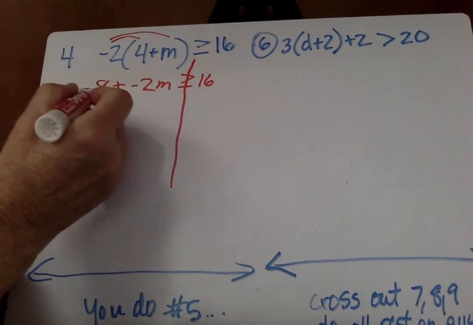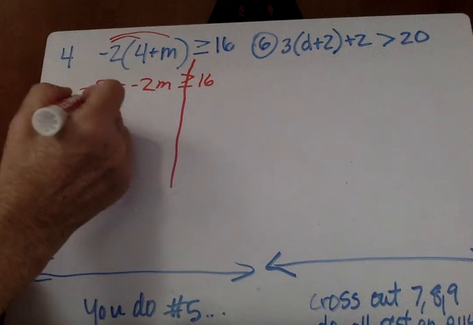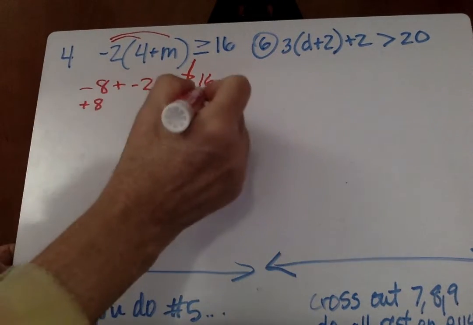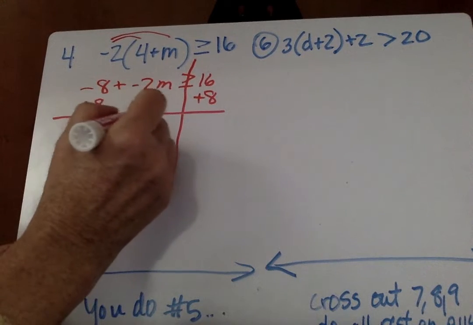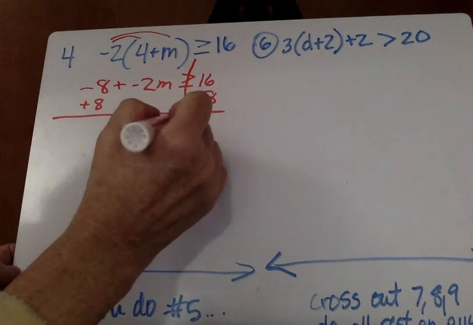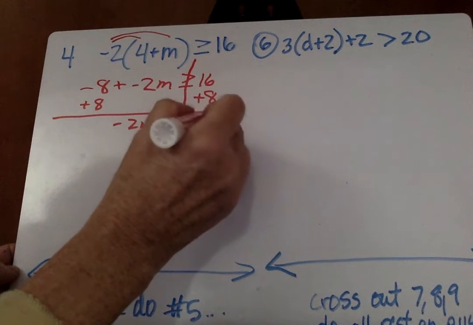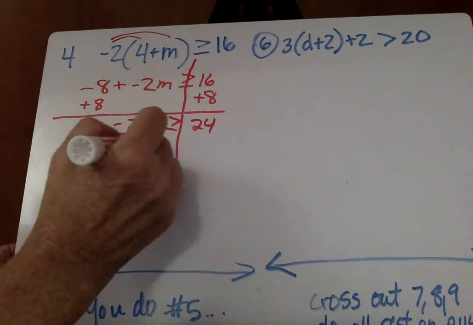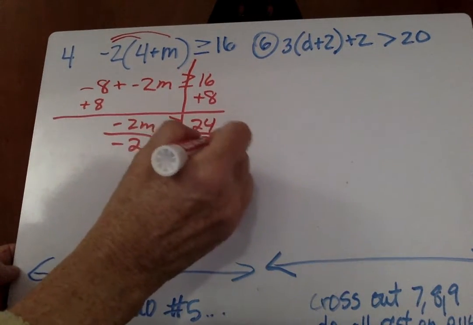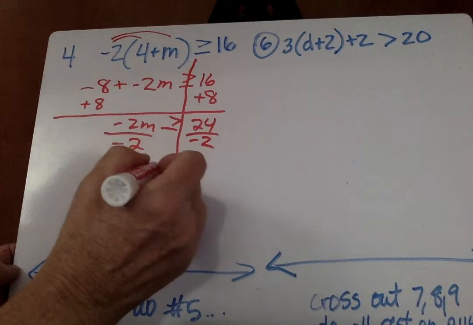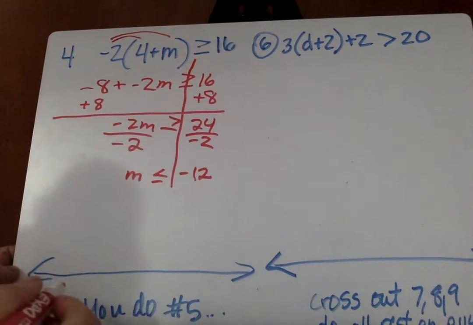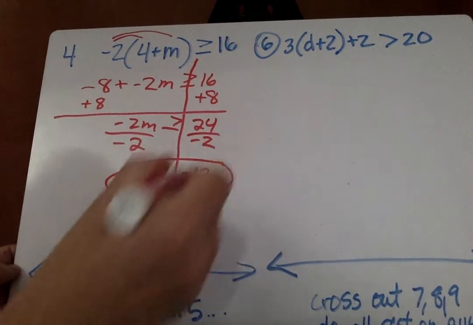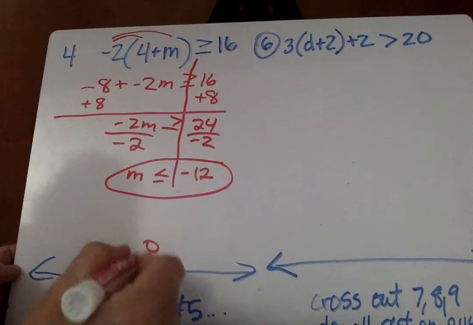Now, one has an m and one does not, so we do not combine them. I have to add 8 here, add 8 there. Negative 2m greater than or equal to 24. Divide by negative 2. Oh, we're dividing by negative again. What does that mean? Switch the signs. So, m is less than or equal to negative 12.